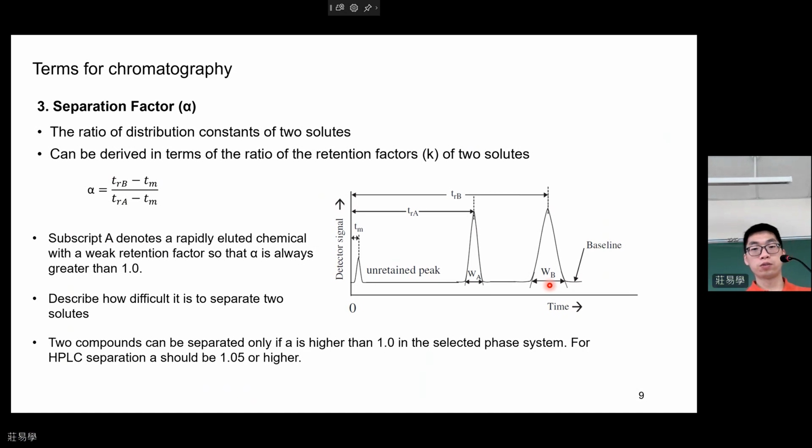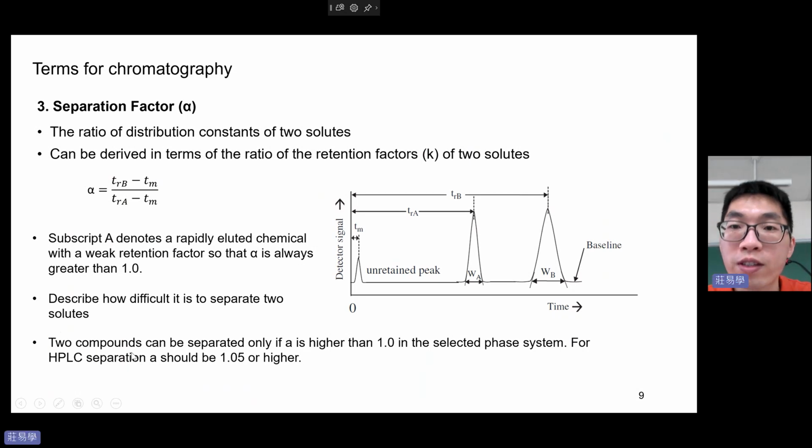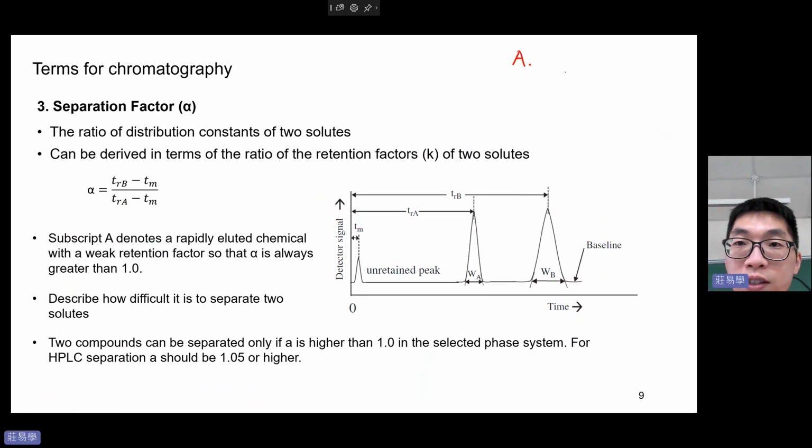So let's say we have two cases. In case A, the peaks look like this. This is peak A and peak B, with retention times TA and TB.